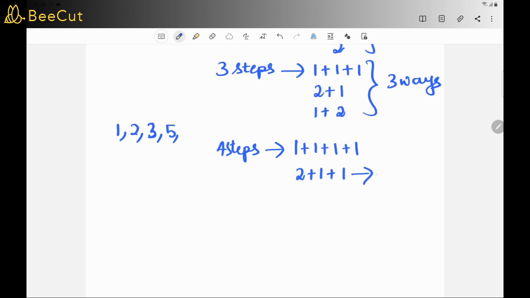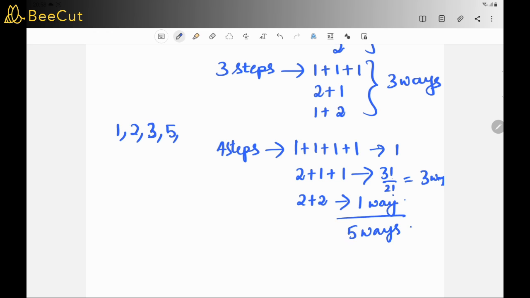Now this can be done in, because two identical terms are there, 3 factorial by 2 factorial, so this is nothing but three ways. Next, 2 plus 2, taking 2 steps at a time. So this is done in one way. So in total there are 5 ways. So yes, this is following a Fibonacci series.